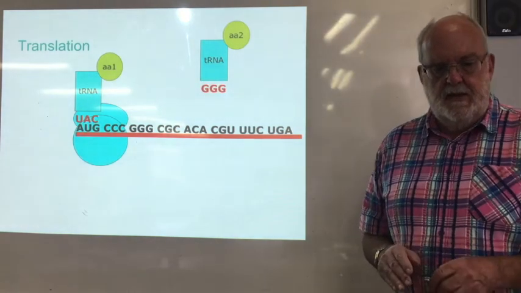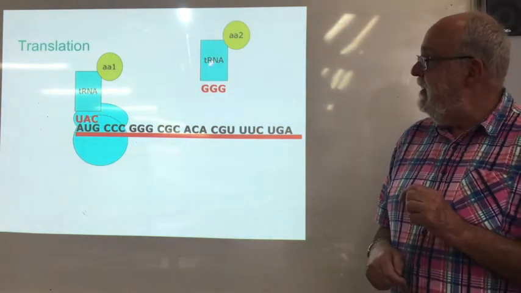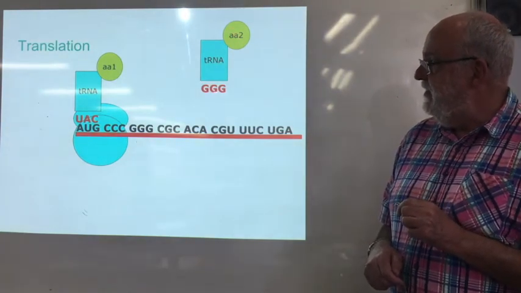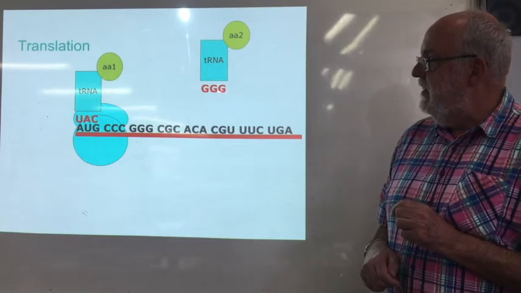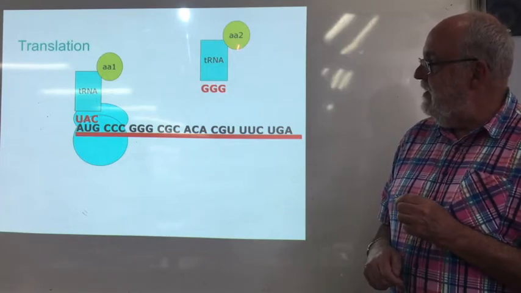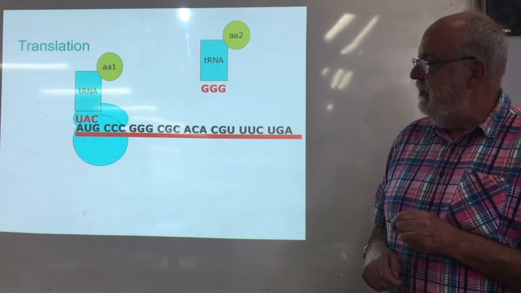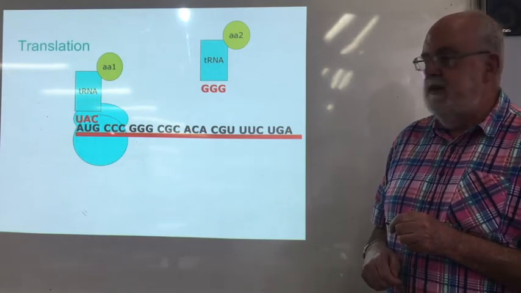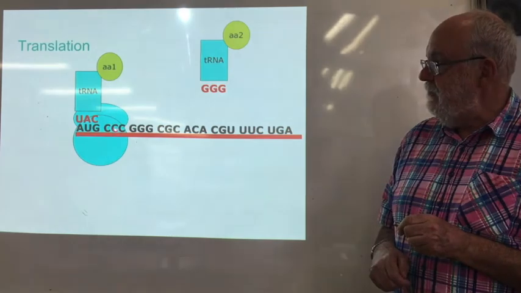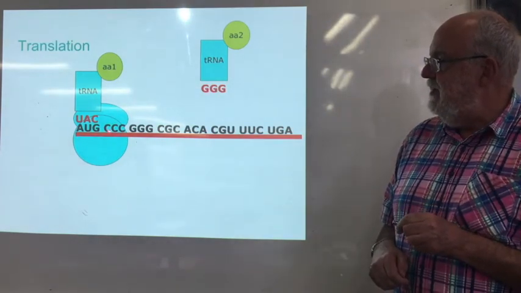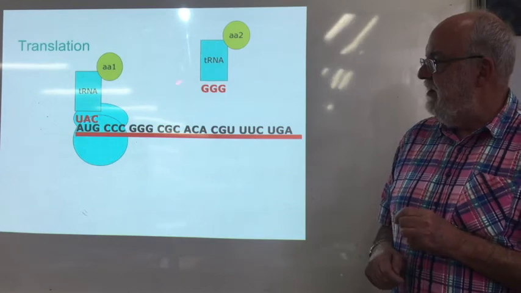Here we've got another molecule of transfer RNA with a different amino acid attached to it. Remember, each amino acid has a specific sequence of bases on the anticodon. So once again, you can see what's going to happen here. This particular codon is made of 3 cytosines. And so this will attach to it because these are the complementary bases, guanine and cytosine.